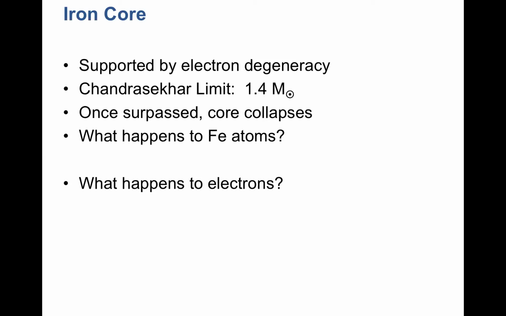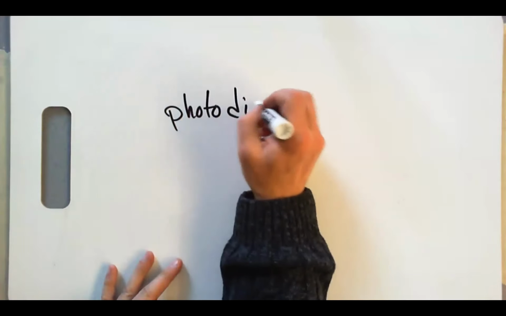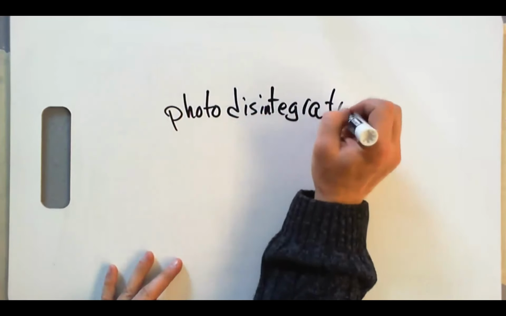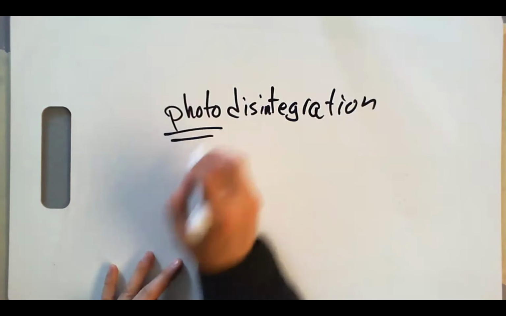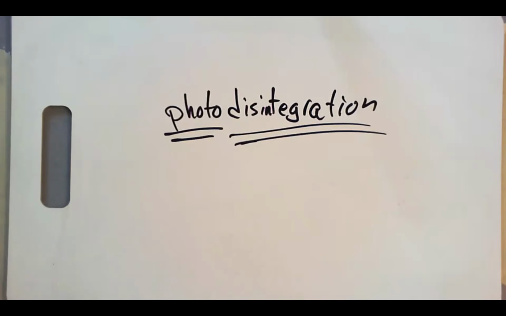The iron atoms photodisintegrate. This is a great word, and it's such a great word that I'm going to actually write it down on my low-tech whiteboard so you can see it. Photodisintegration. Photo really meaning light, disintegration meaning, you know what disintegration means.